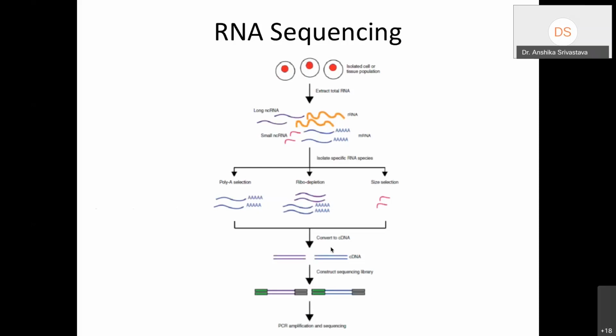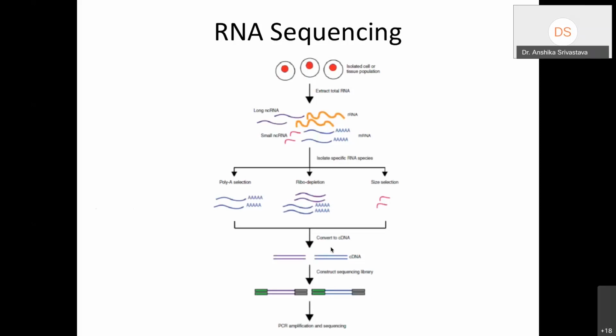This type of library preparation is actually going to select the RNA which has the poly-A tail. Or whether you are going for ribodepletion, that means in this type of library preparation, ribosomal RNA will not be considered. Only long non-coding RNA and poly-A RNA will be considered.